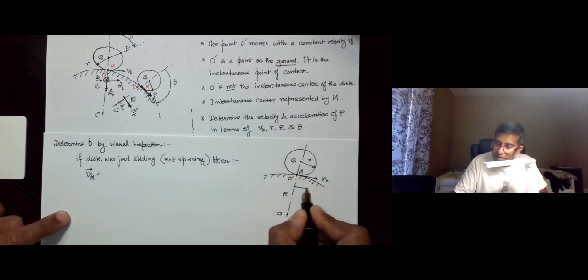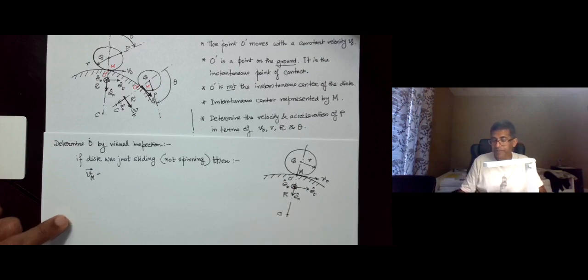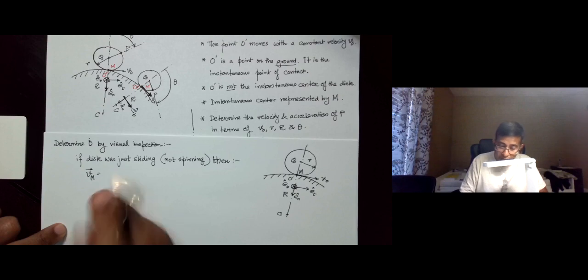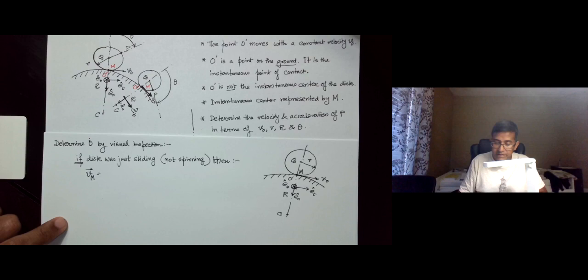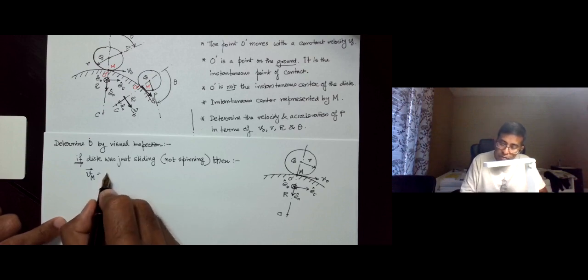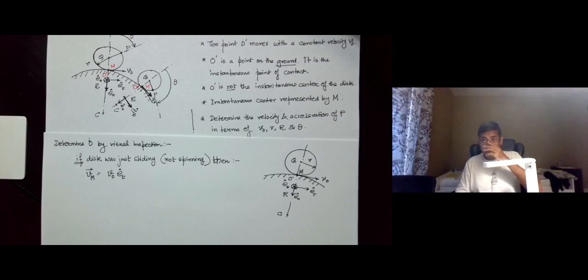ET is here, EN is here, EB is into the page. So the velocity of M at that instant, if the disk was just sliding, would have been equal to V naught ET. It would have been the same as the velocity of O prime.